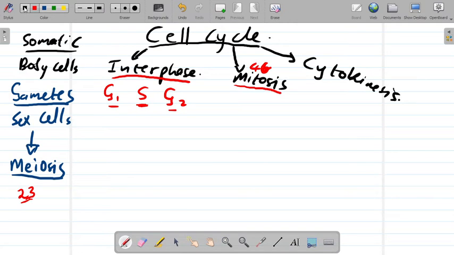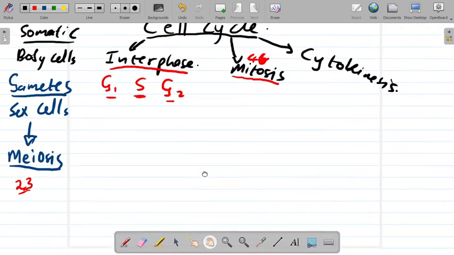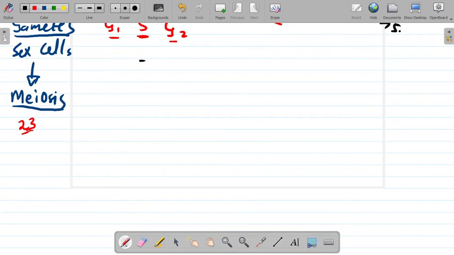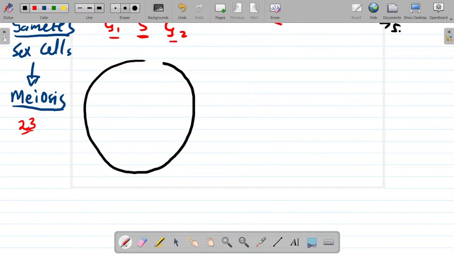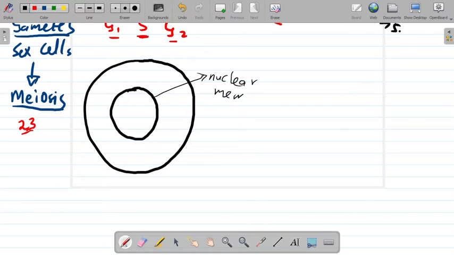Then great. Now let's look at a cell in interphase. I'm going to attempt to draw a cell in interphase, and let's look at how it would look. So obviously we have your cell and we still have your nucleus and your nuclear membrane. So we still have a visible, clear nuclear membrane that is still in interphase. And then we're also going to have a visible nucleolus, right?